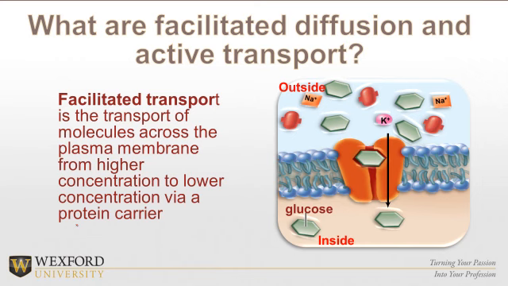For example, here glucose is in high concentration on the outside and is going to be naturally pulled in to the low concentration, but if it weren't for this special protein channel, this protein carrier, there's no way for it to get across. So it's going with its natural concentration gradient and no extra energy is involved. In other words, no ATP.